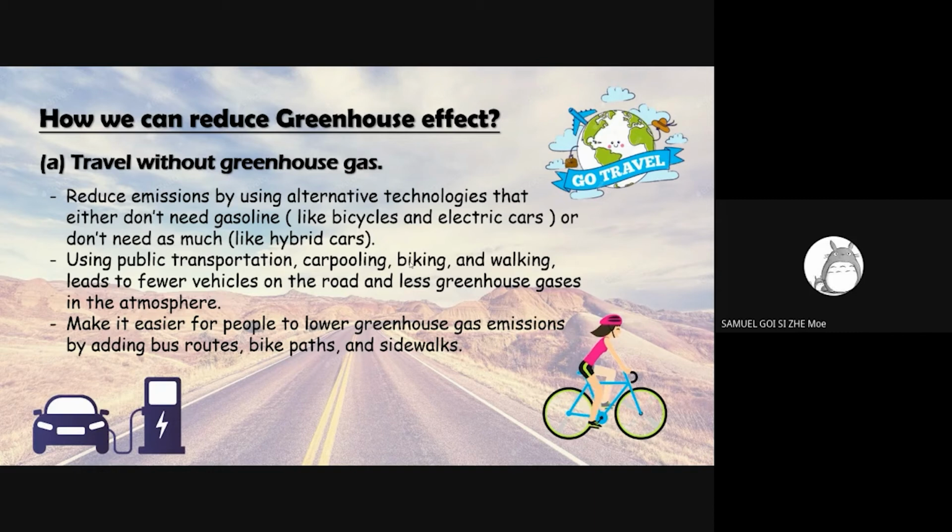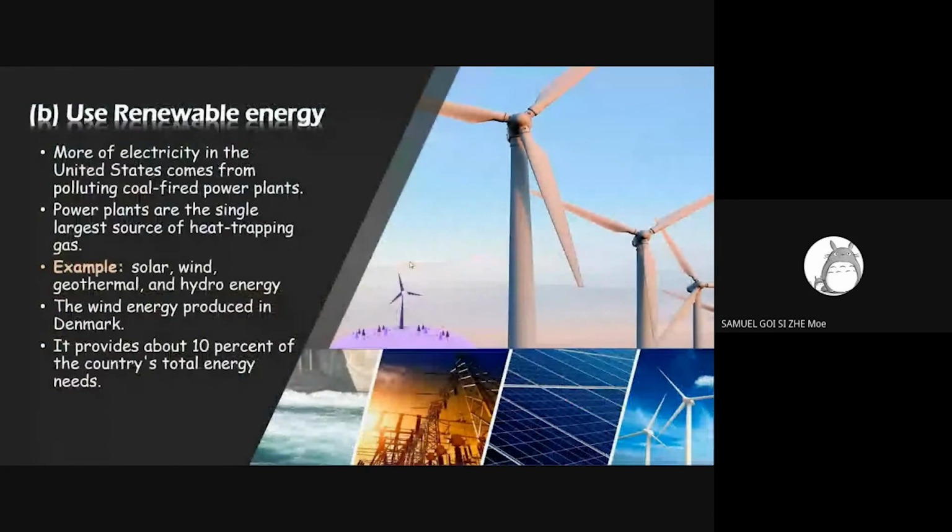We can also use public transportation, carpooling, biking, and walking, which leads to fewer vehicles on the road, and greenhouse gases will become less in the atmosphere. Other than that, we can make it easier for people to lower greenhouse gas emissions by adding bus routes, bike paths, and sidewalks. So we don't need to buy alternative technology again.